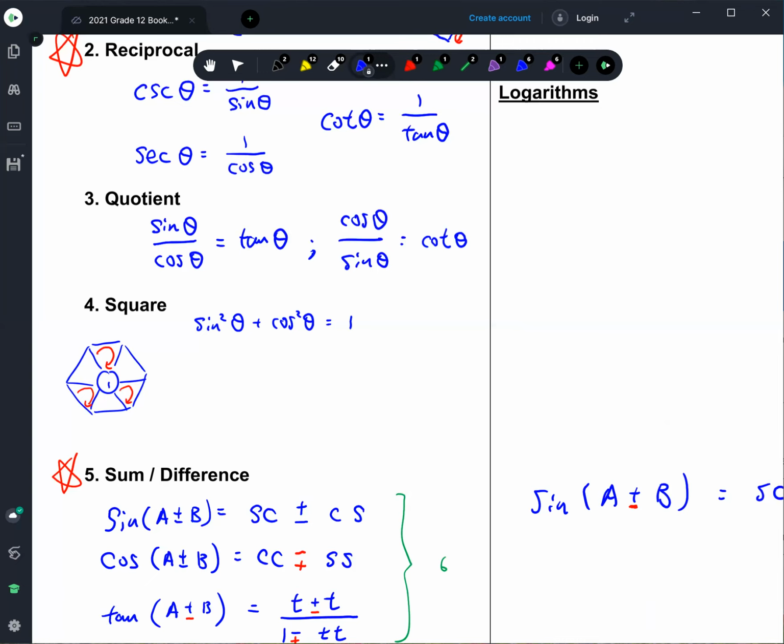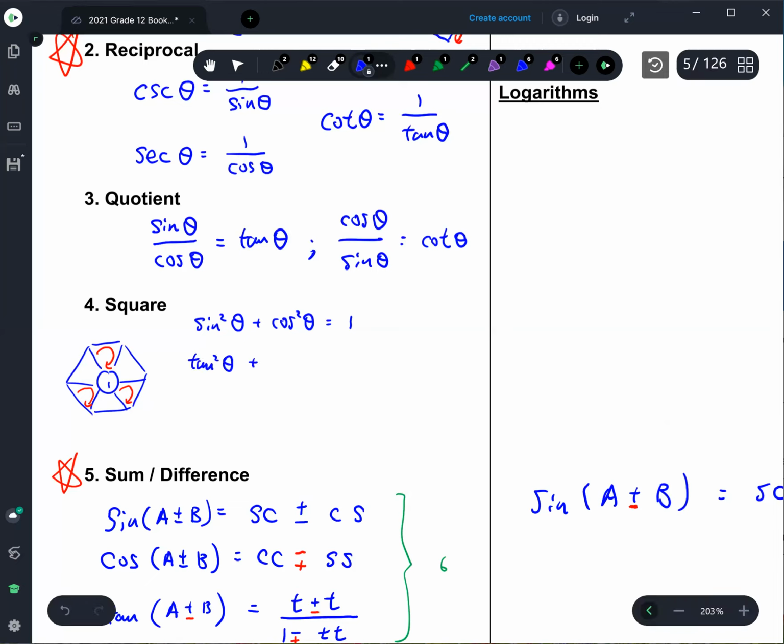All right, Evan, what is the second one? Is it tangent squared theta plus 1 equals secant squared theta? Very good.